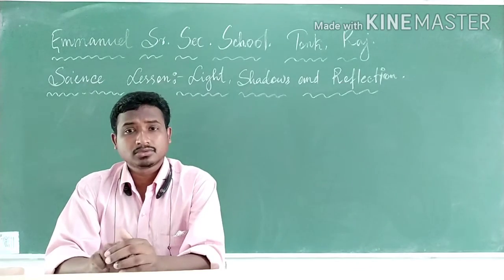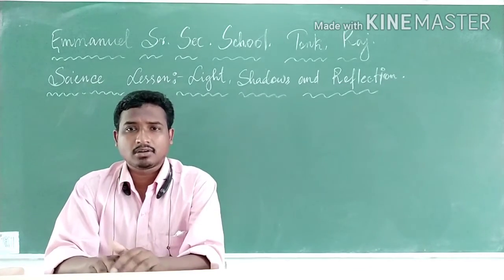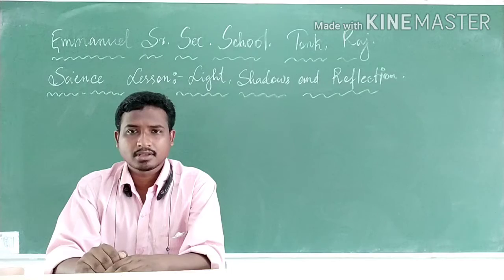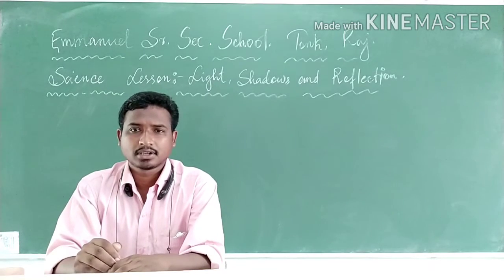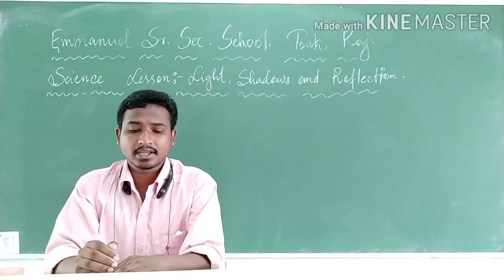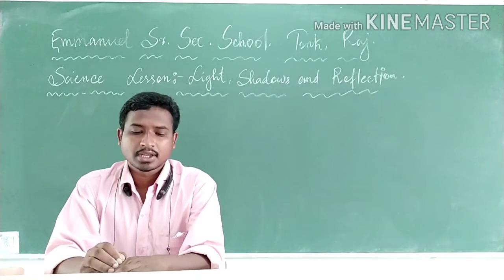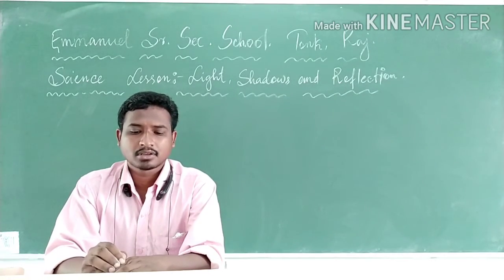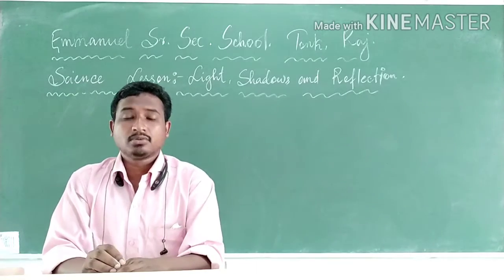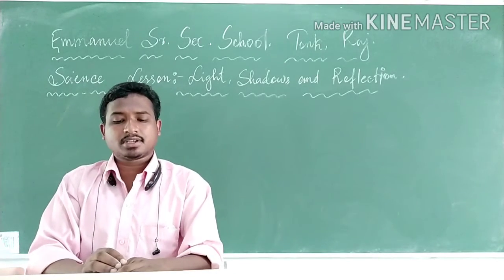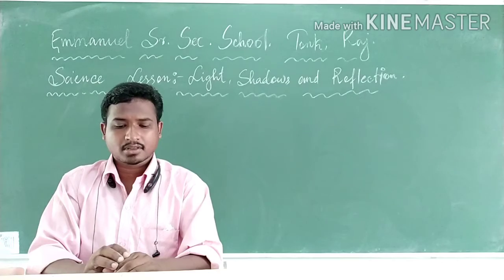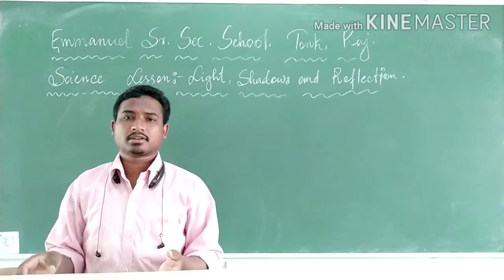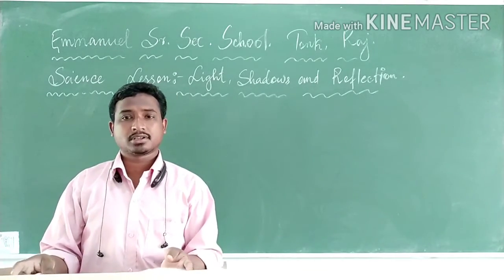Now those materials which do not allow us to see what is behind, we call opaque materials. Those things cannot be seen through. Materials through which things cannot be seen, we call opaque materials.